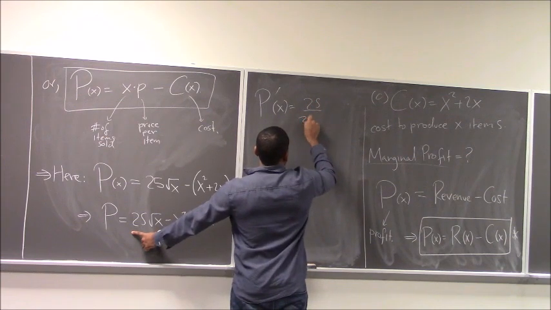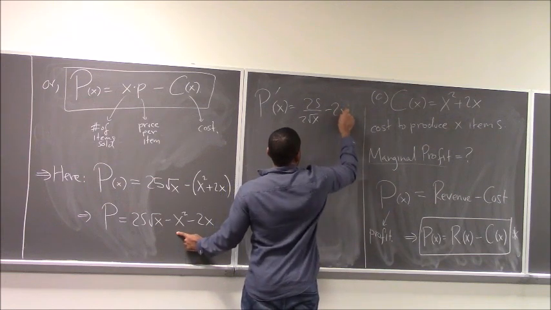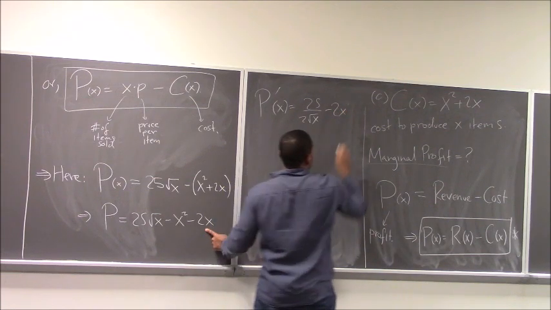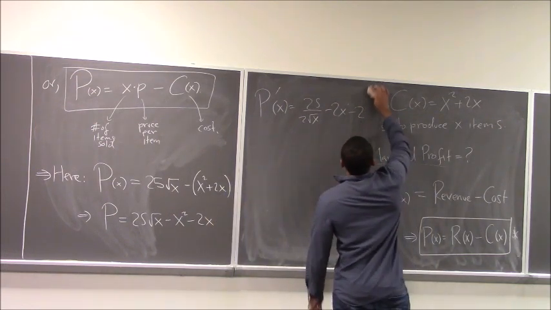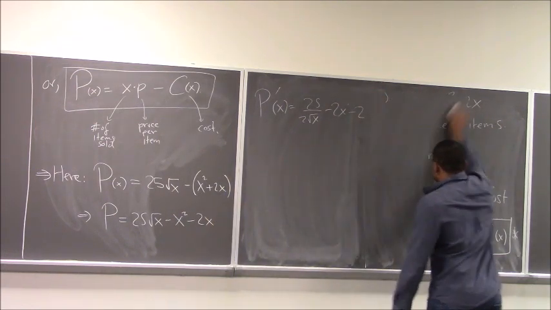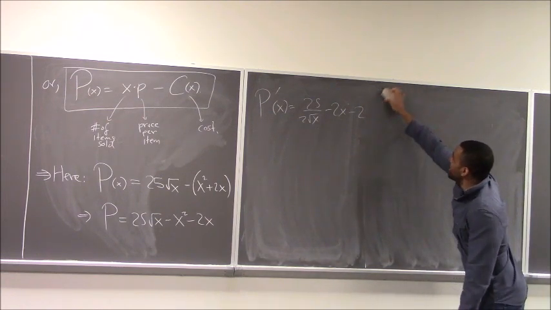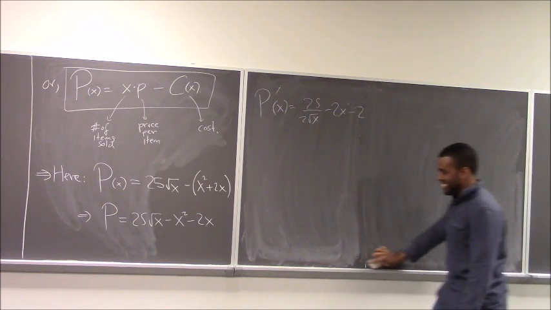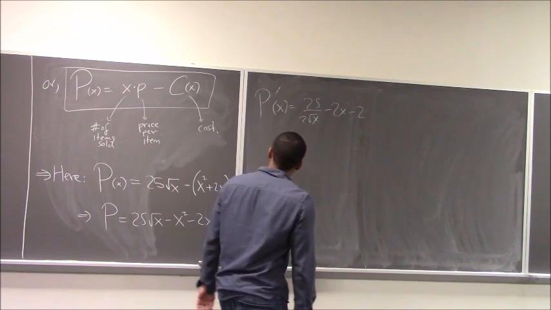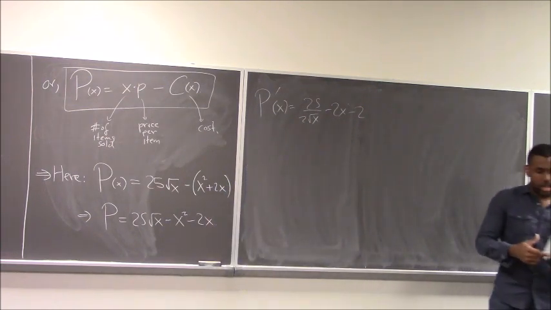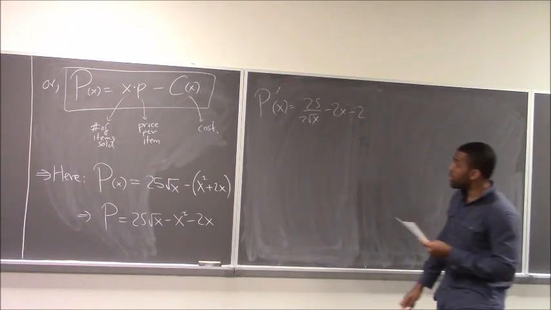That's 25 over 2 radical x, minus the derivative of x squared, which is 2x, minus the derivative of 2x, which is 2. So we still remember how to do the power rule. So that is what we were asked for. What is the marginal profit function? That is the general function for marginal profit.